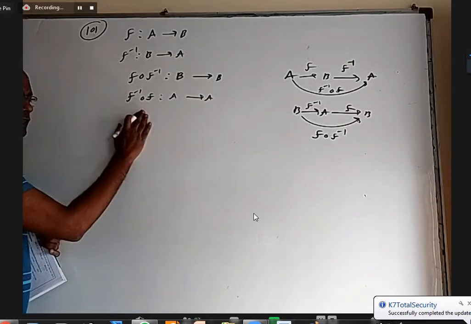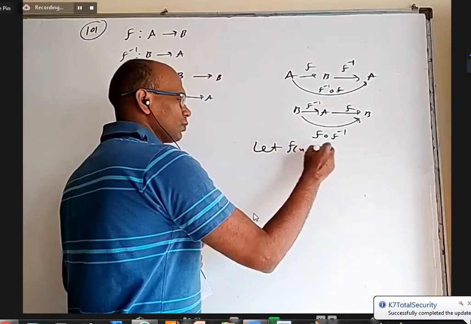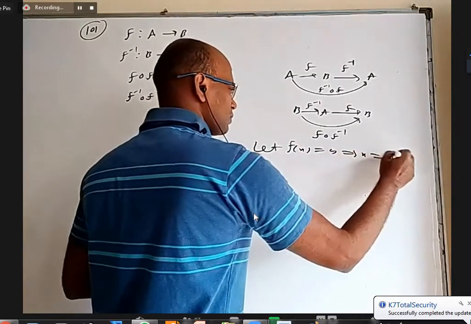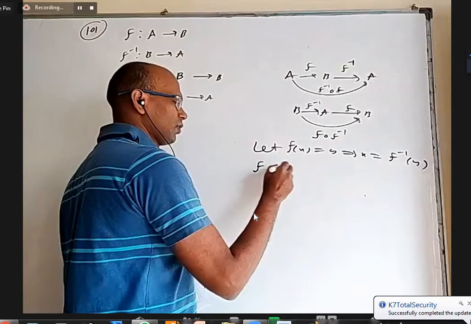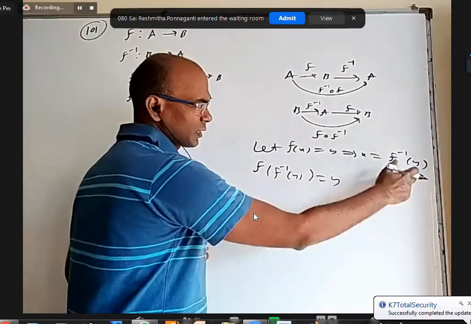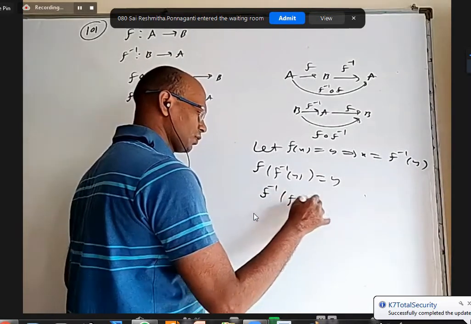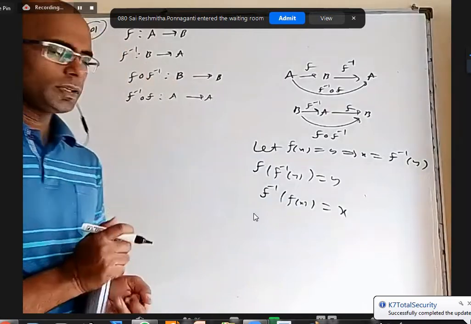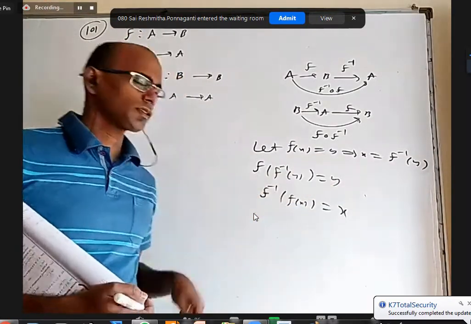And we also know they are identity functions. I proved how. Let f of x equal y, then x is equal to f inverse of y. If you put that back here, we get f of f inverse of y equal to y. Or put this one there, you get f inverse of f of x equal to x. So here x is connected to x, it is an identity function. Here also y is connected to y, it is an identity function.